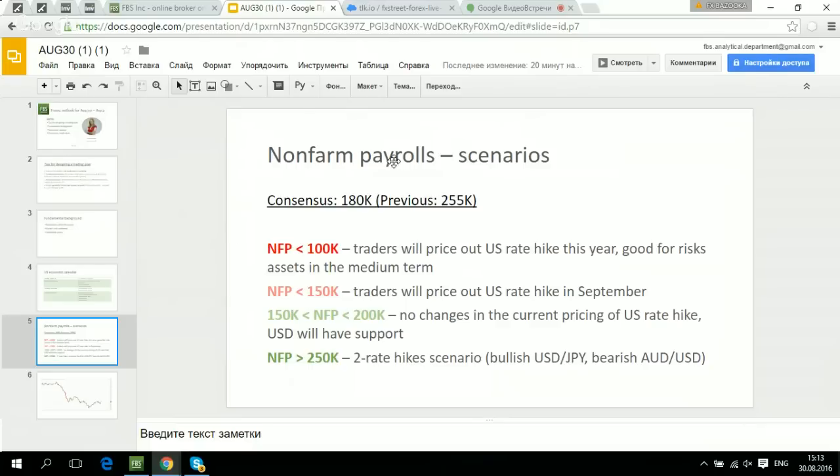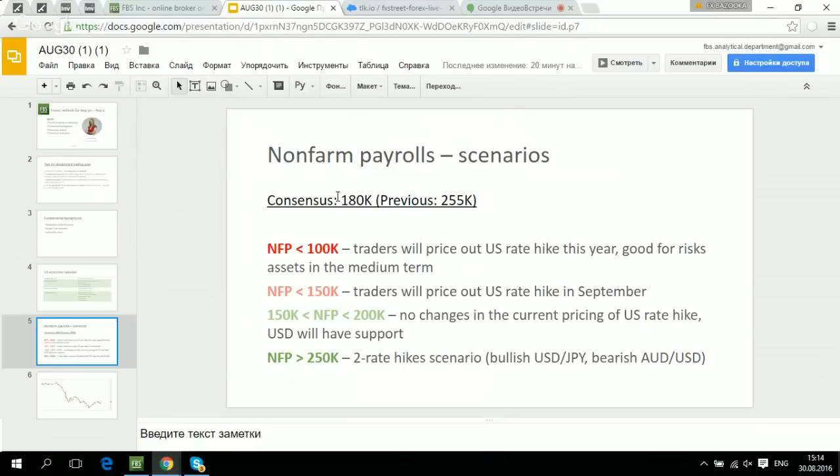But it is reasonable because we can hardly expect US economy to produce such a big number as we had in July, 255. This is really, really high, and we can remember that this was a positive surprise for the market.